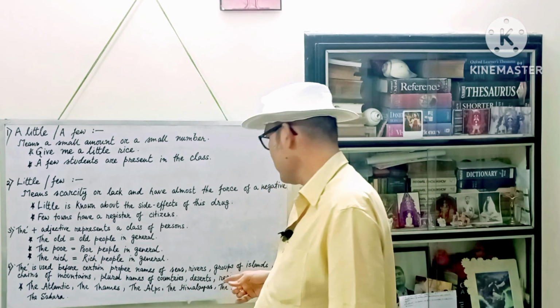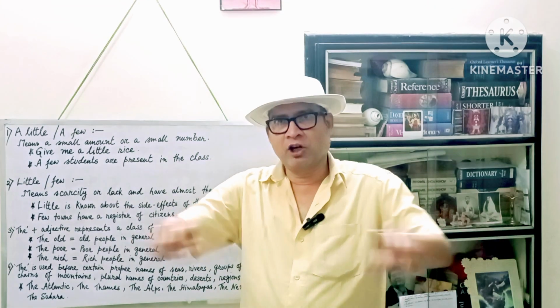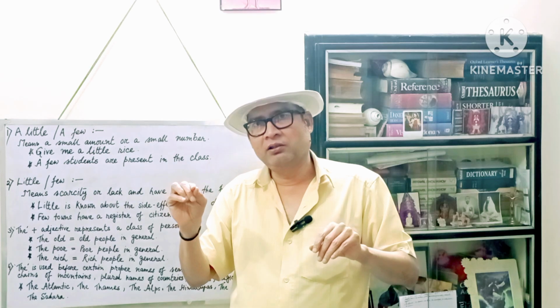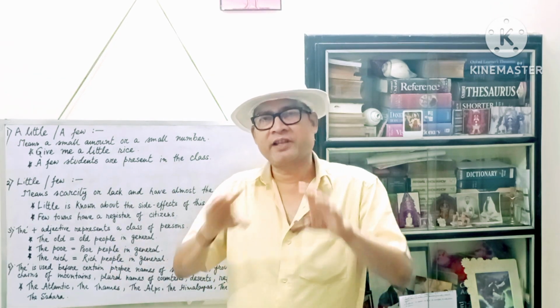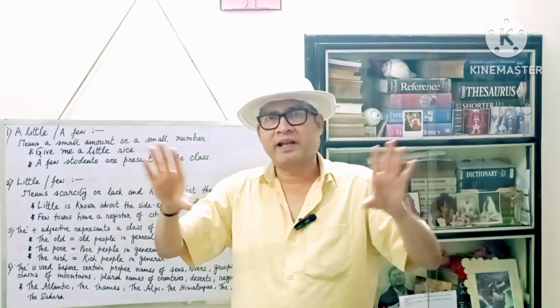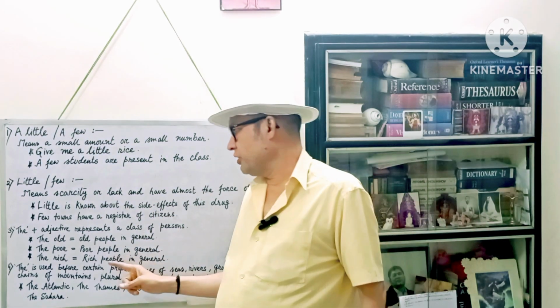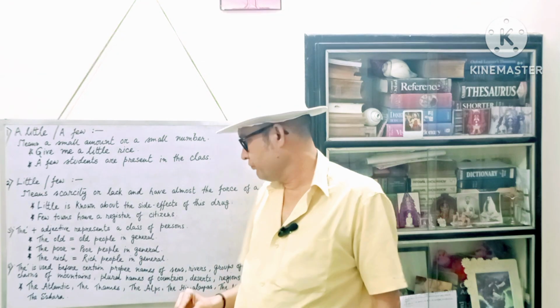Okay? Next, let's see what is the chains of mountains. The range of mountains, Himalaya, always used in plural, Himalayas. The Himalayas, because that's a chain of mountains. That is a range of mountains. So we have to use the definite article before that, the Himalayas.